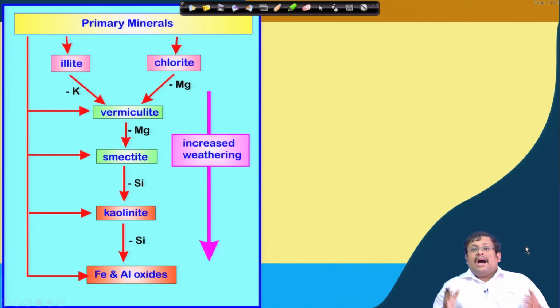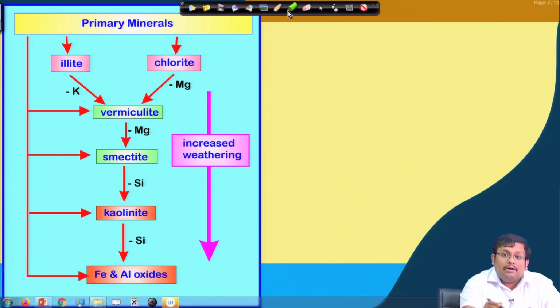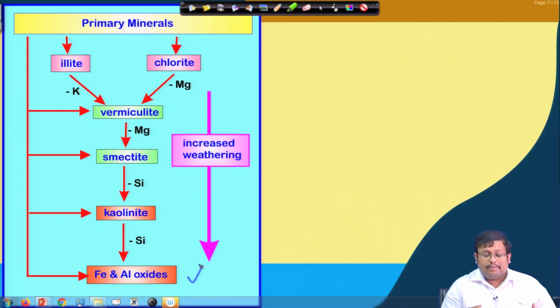Now, to see how a clay mineral develops or converts from one type to another, we have to see this diagram. This diagram shows how the primary mineral ultimately goes to iron and aluminum oxide, which is the highest form of degradation, the highest chemical weathering product.